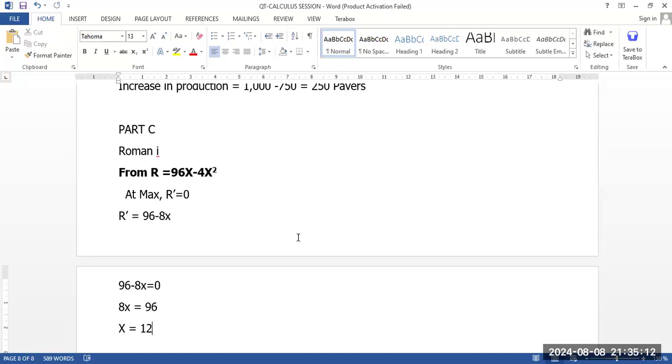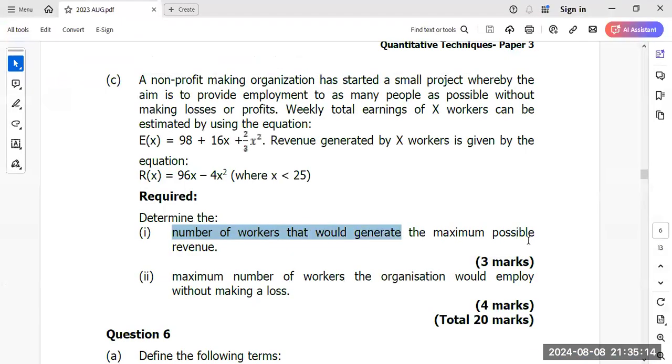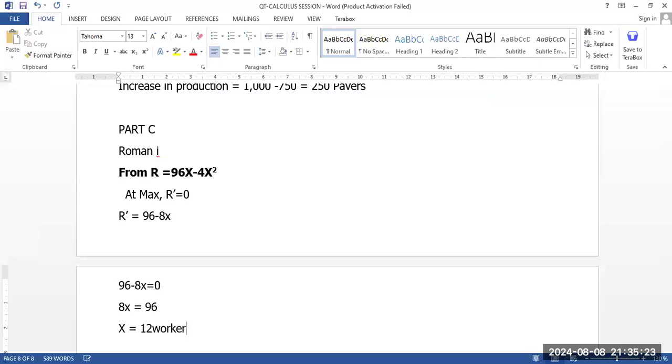That is the number of workers that would generate the maximum possible revenue: 12 workers. To maximize revenue, here you are not maximizing profit, you're maximizing revenue. That's why we are differentiating the revenue function, not the profit function.